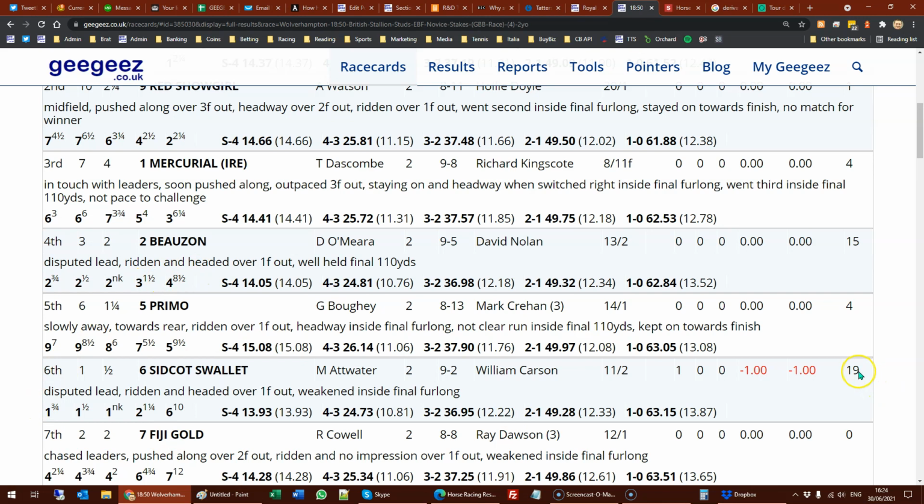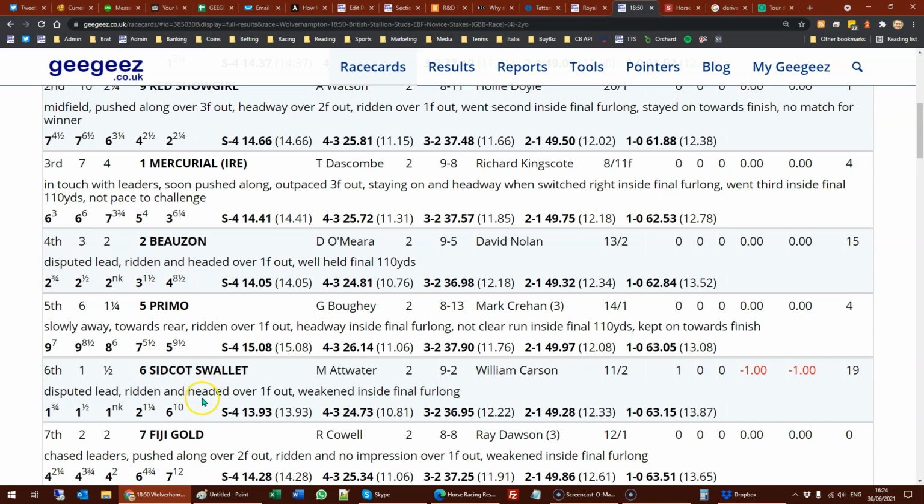And likewise for Sidcott Swallet. He was the other disputant of the lead, and obviously he's got the reciprocal figures with Boson, and he or she faded even more markedly in the final furlong.